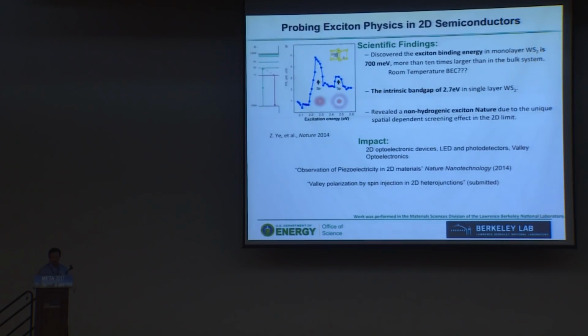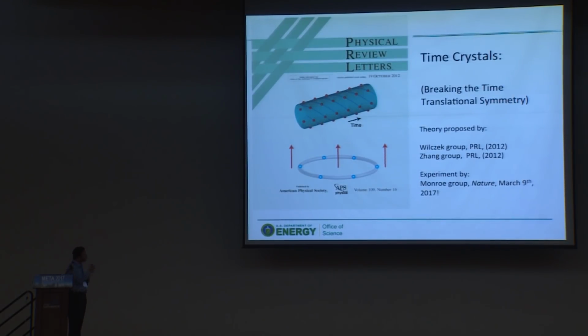Others I will probably skip. Lastly, I'd like to mention a theory work we did. I'm an experimentalist, so not too much theory, but accidentally we tried some chiral structure in Brownian motion, and we arrived at a very interesting question: whether we can break time translation symmetry. In 2012, we published a paper together with an independent group from MIT, Frank Wilczek's group.